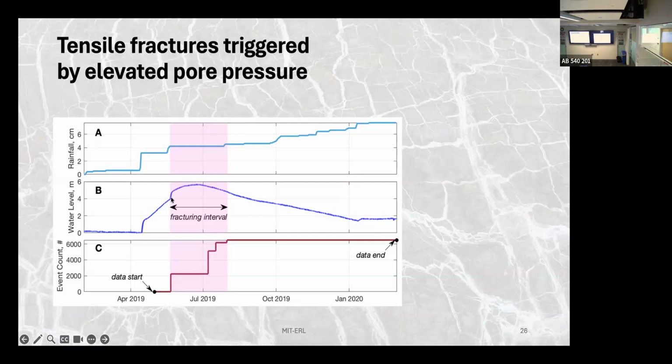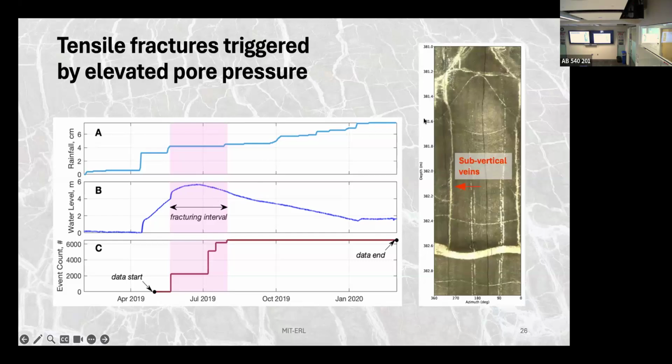Although the increase in borehole water level is just 1 meter, which was obviously caused by the precipitation. So surprisingly, it also rains in Oman, although it's a desert. And so this strongly suggests that the fracturing is caused by the pore pressure increases due to this water level increase, although this increase is just 1 meter of wellhead.